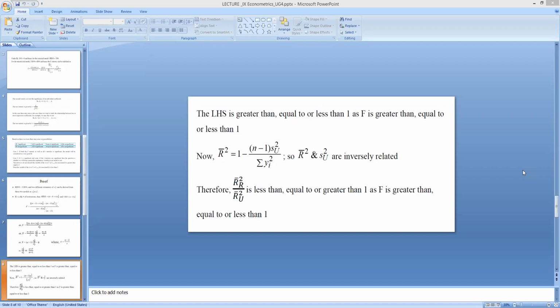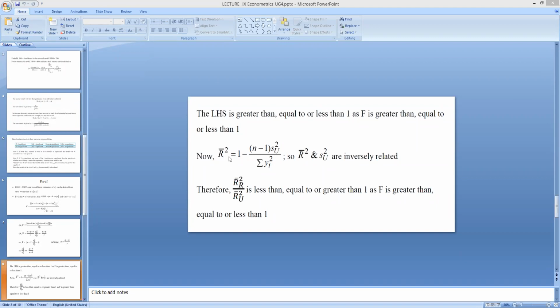Then please write down, thus for an unrestricted model, R U bar square, with capital U in the suffix. Look at the slide.